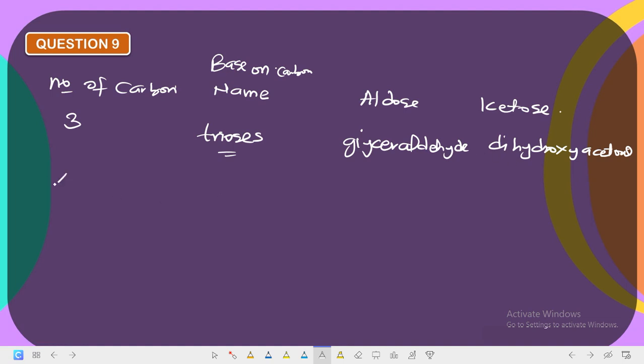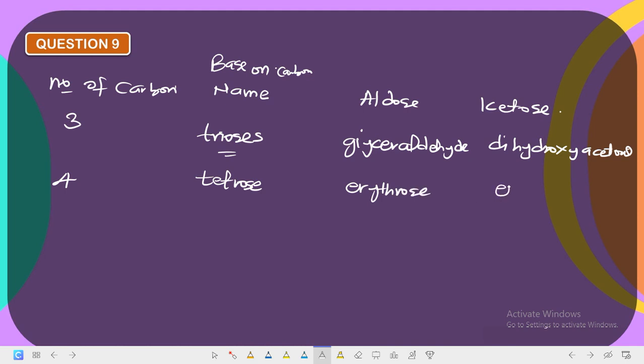Now, if it is 4 carbons, as the name implies, we have tri, then tetra. You call it tetrose. If it has 4 carbons and it's an aldose, you call it erythrose.